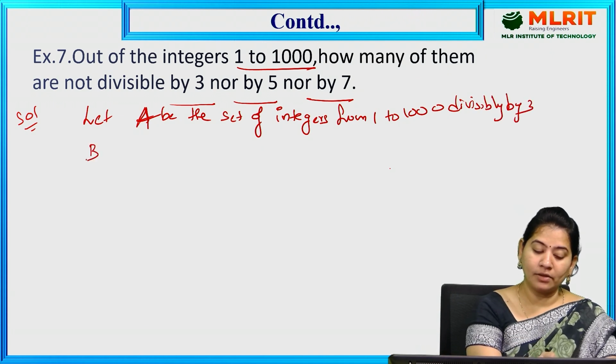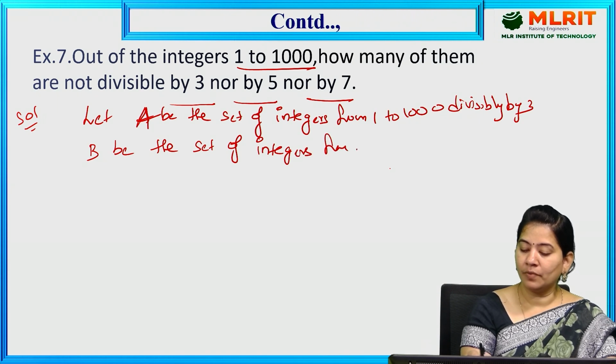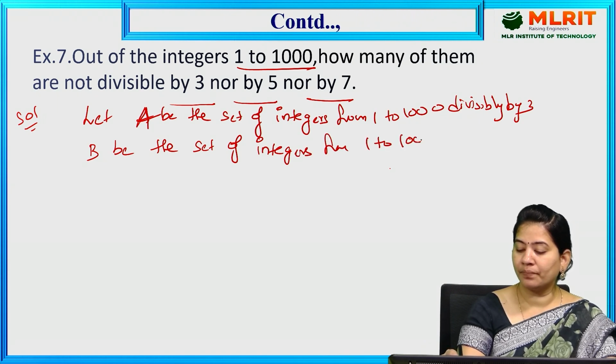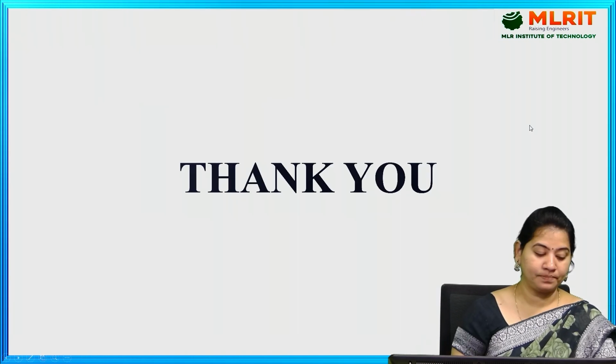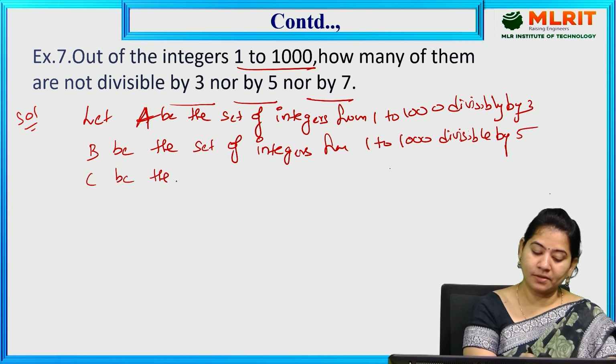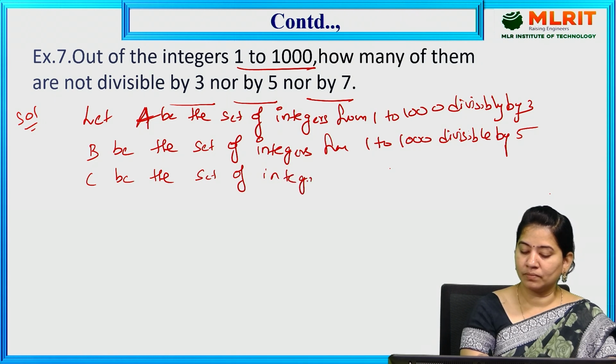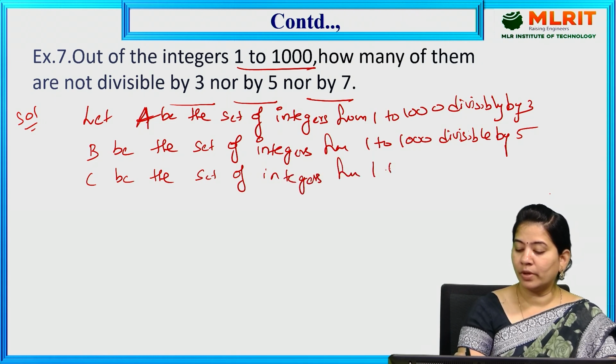And another one, B be the set of integers from 1 to 1000 divisible by 5. So C be the set of integers from 1 to 1000 divisible by 7.